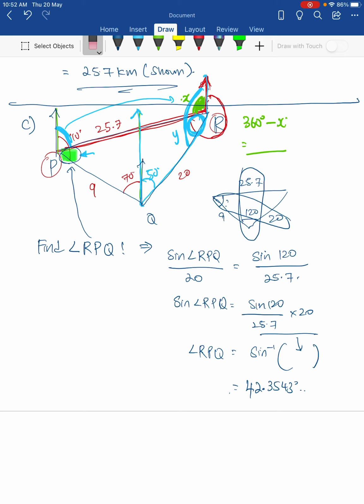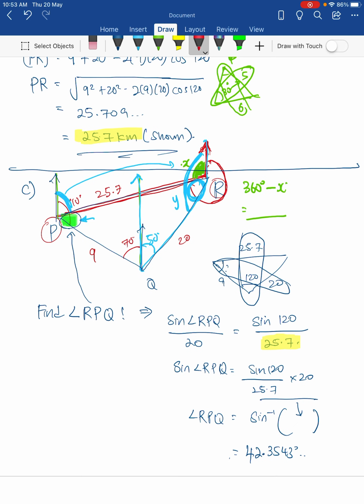One thing that I want to highlight is we should be using the value that is shown. If, let's say, we already showed it in part B, we want to show this. Once it's shown, we need to make use of the exact value shown over here, which is 25.7. We don't use the more accurate value anymore. This is something important.